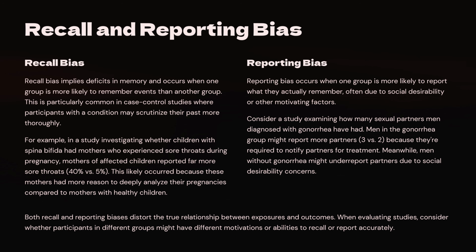Men in the gonorrhea group might report more partners, 3 versus 2, because they're required to notify partners for treatment. Meanwhile, men without gonorrhea might underreport partners due to social desirability concerns. Can you see there's actually reporting bias occurring in both groups in opposite directions? So it's really important when we evaluate studies to consider whether participants in different groups might have different motivations or abilities to recall or report accurately. A key bias to always consider.